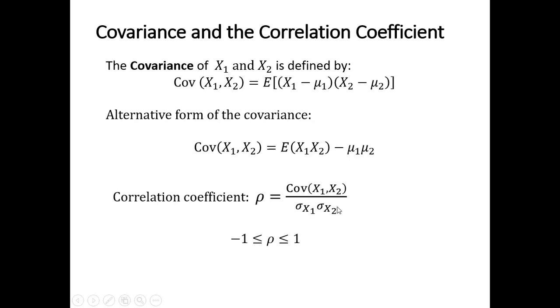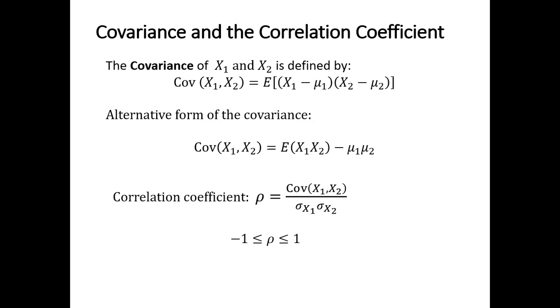If you think about the relationship between covariance and correlation, they're somewhat similar. If there's a positive relationship between the two variables, both the covariance and the correlation coefficient will be positive.